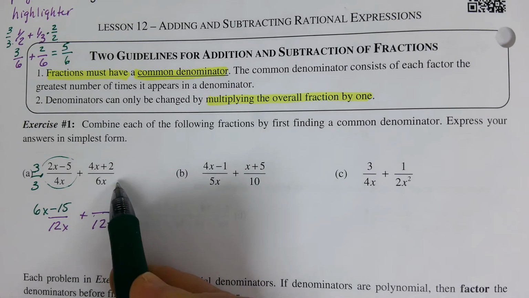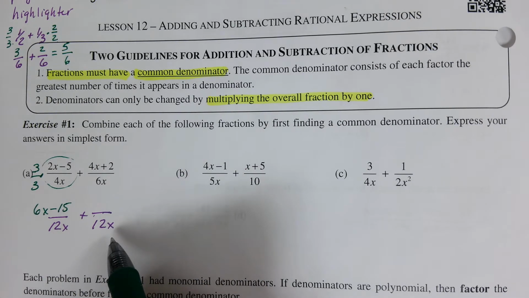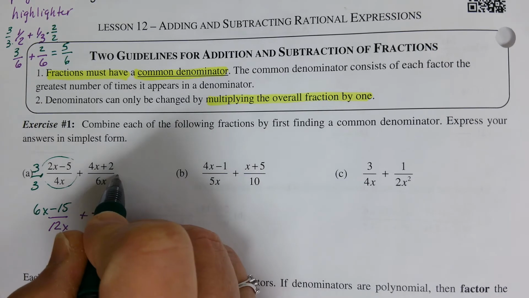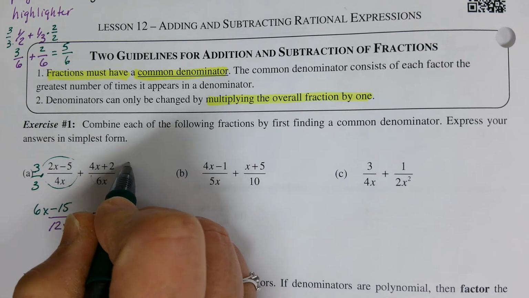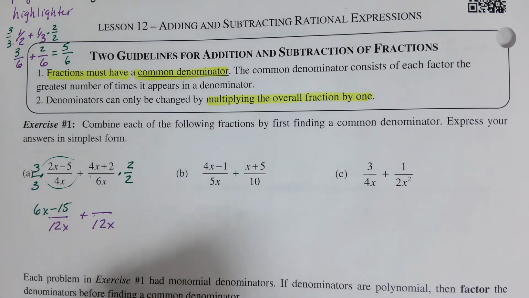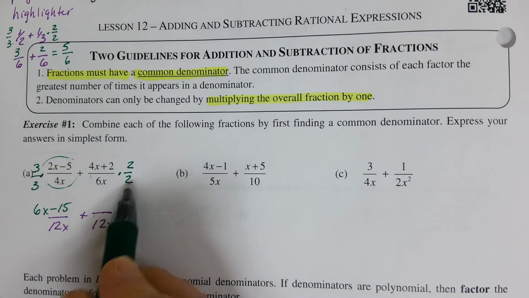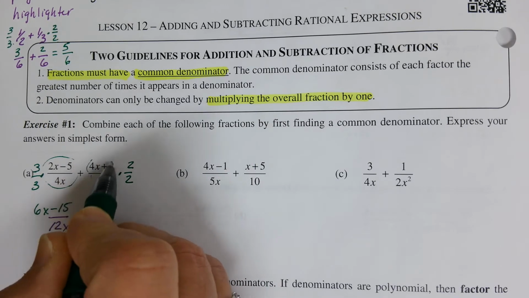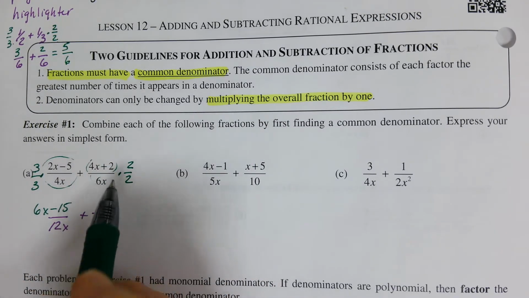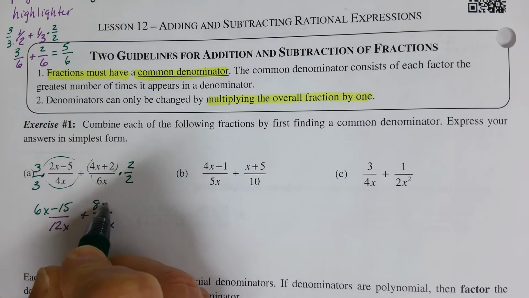What do we multiply 6x by to get 12x? We multiply by 2. So we want to multiply this entire fraction by 1 in the form of 2/2. 6x times 2 is 12x. 4x plus 2 times 2, again make sure you're multiplying each term by 2, is 8x plus 4.